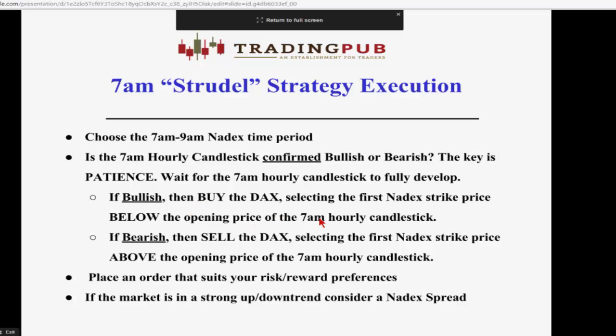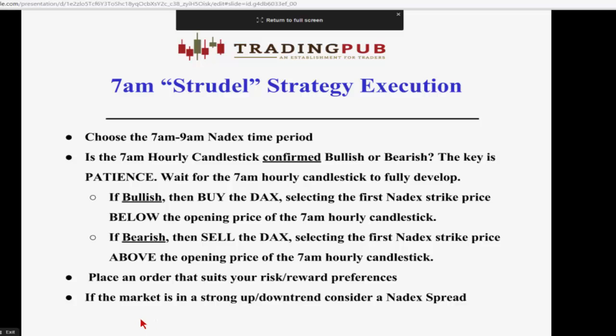If I'm buying, the first strike price below the 7 a.m. hourly candlestick. I'll put in a working order and see if the market will come back and retrace and fill me. So, you know, I could risk $60, I could risk $50. My order may or may not get filled, but once again, I don't have to go for action. What I'm looking for is to get an order that's filled on my terms.